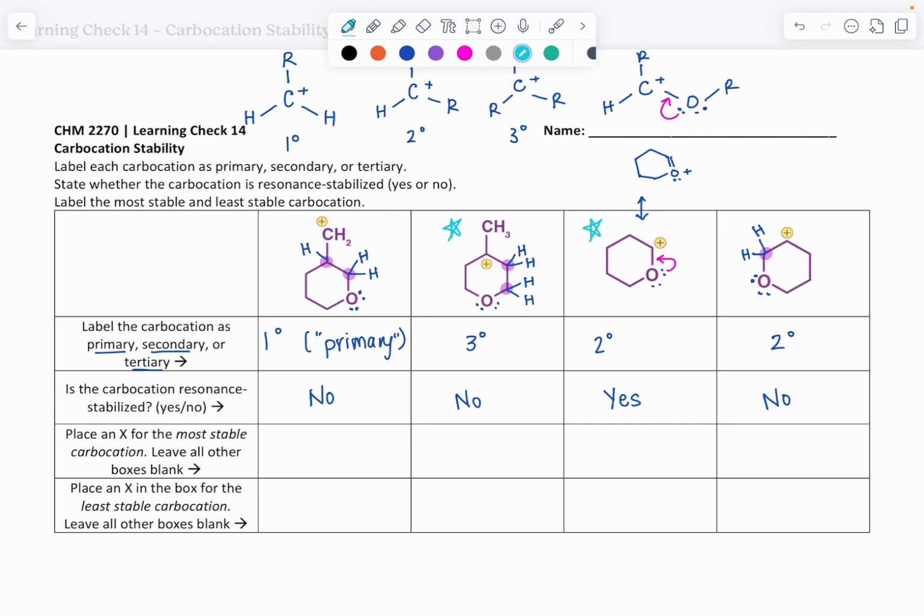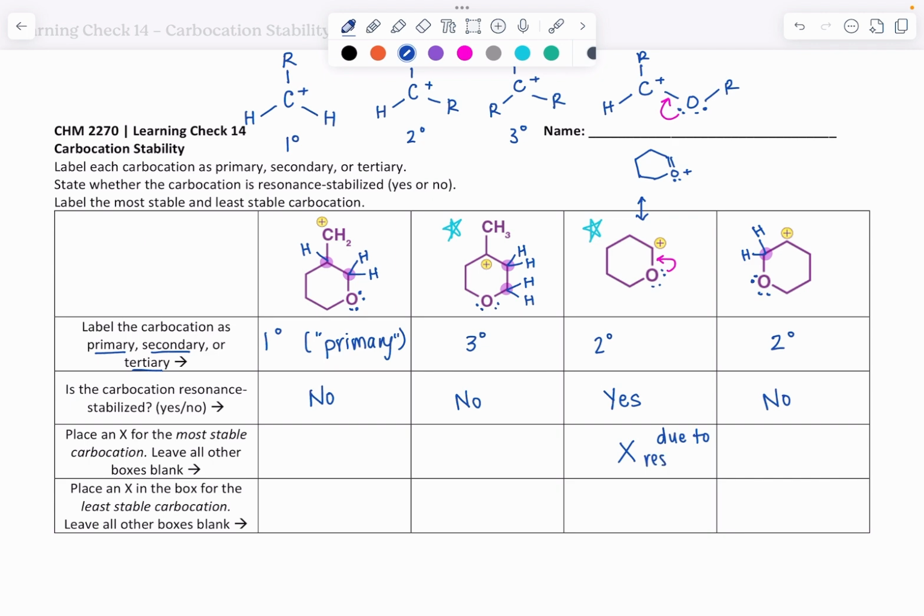Well, in the carbocation that has resonance, there is another significant resonance structure where the carbocation isn't a carbocation anymore. It's a closed shell. All atoms are closed shell. That is more stable than a tertiary carbocation. So we can generally look for primary, secondary, and tertiary, where tertiary will be the most stable. But if resonance is possible, that will make that carbocation the most stable. So this is the most stable carbocation due to resonance.